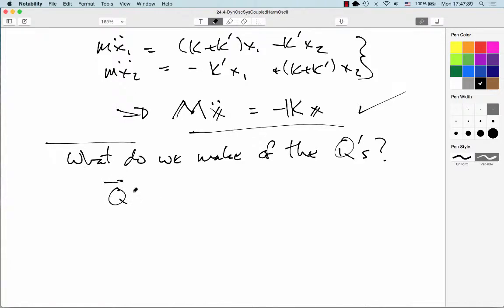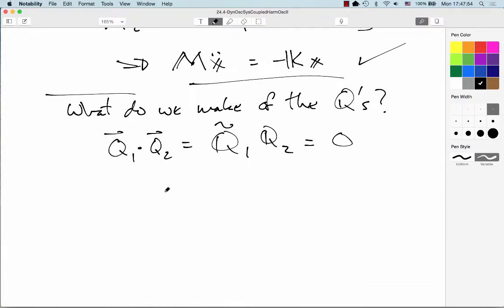So that means that if I dot Q1 with Q2, writing them as matrices, Q1 twiddle, Q2, they have to be 0, right? So let's just double check that that's true just for the grins. So when we do that, this is going to be A1 cosine(omega 1 t minus delta 1). I'll put the row vector for this at the end.